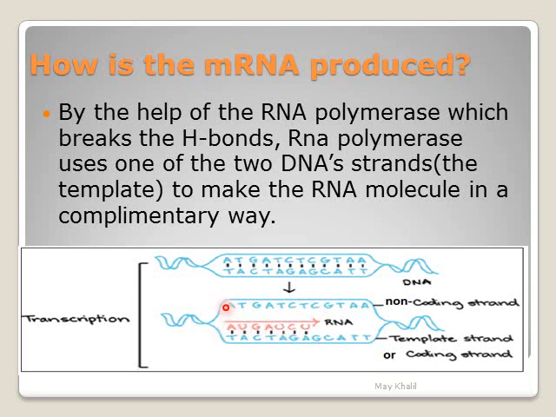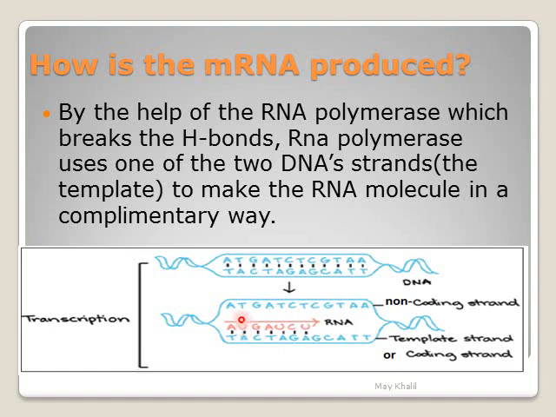After the strands are apart because of RNA polymerase, in a complementary way, the nucleotides are going to align themselves next to each other. So, if the nucleotide of the DNA is T, its complementary is A on RNA. And if it's A in DNA, for sure it's U, because you know that in RNA there is no thymine, and instead of thymine there is uracil.